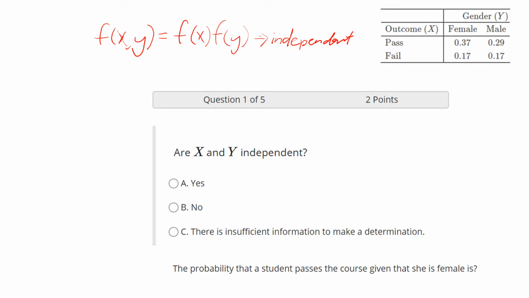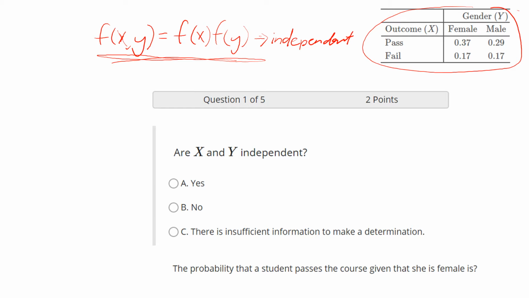Okay, so all we have to do is check whether this statement holds in this case over here. That's the joint distribution. Remember, this has to be true for all values of the joint probability of X and Y and their respective marginal probabilities.